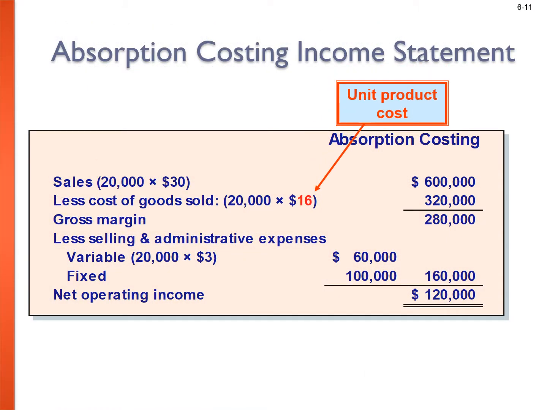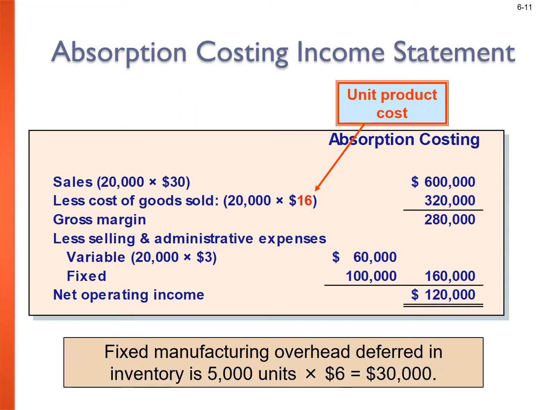Under absorption costing, we would have sales of $600,000 less 20,000 times $16 unit product cost, because we use the variable manufacturing overhead and the fixed manufacturing overhead in absorption costing to determine product costs.